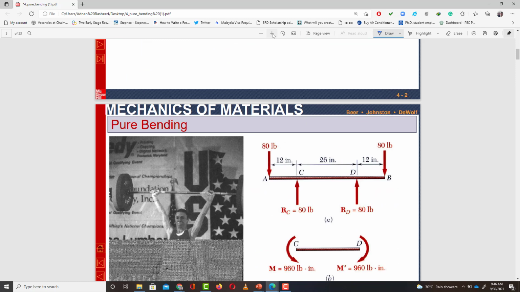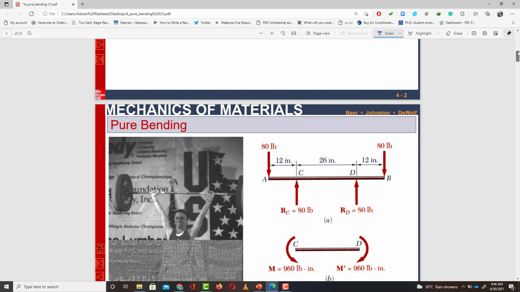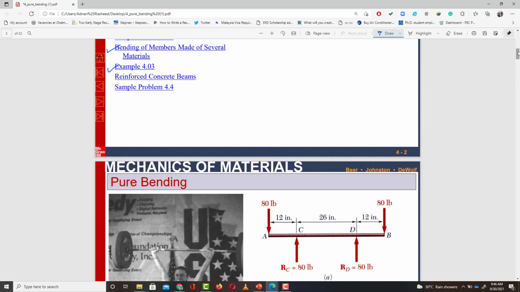So whenever a beam is loaded, for example I will show you over here, this is the beam, supported at the ends, and there is a force applied at the middle of the beam.